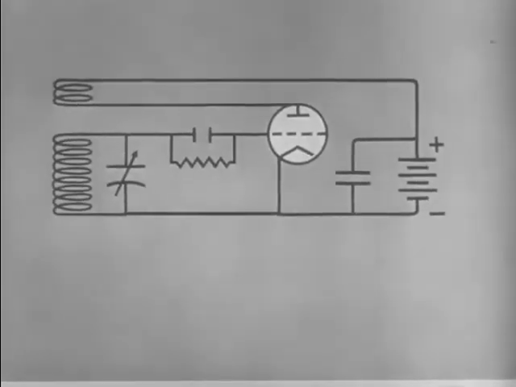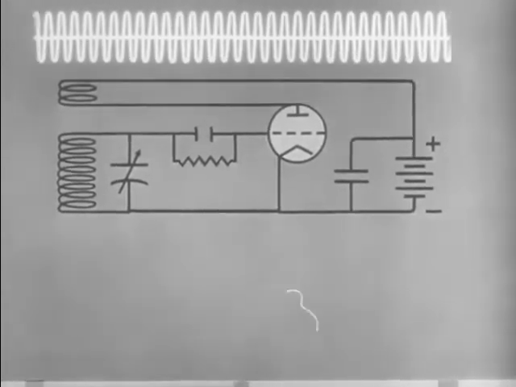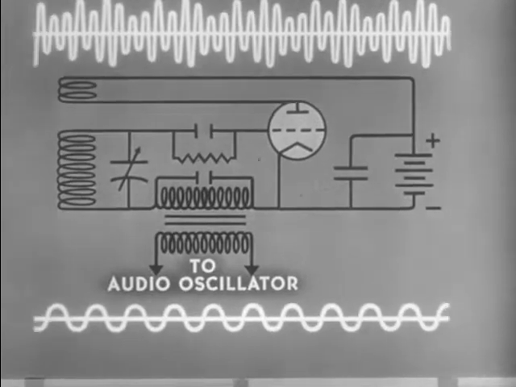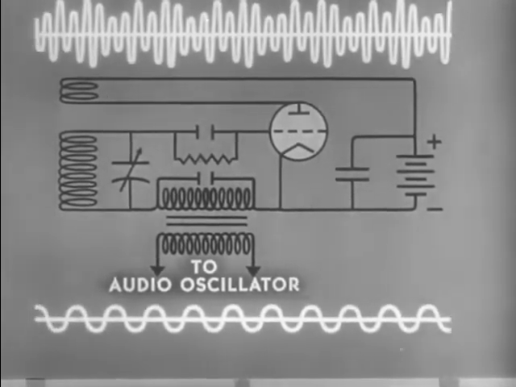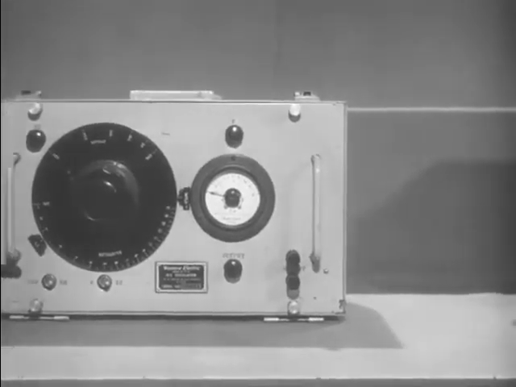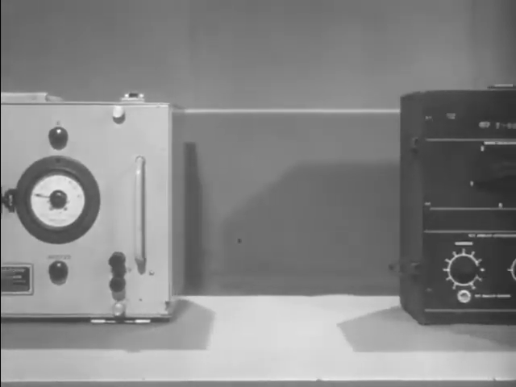It is composed of an oscillator to produce AC power at radio frequencies, and a modulator circuit which superimposes an audio signal on the radio frequency signal. There are many types of signal generators, but they all perform the same basic job.